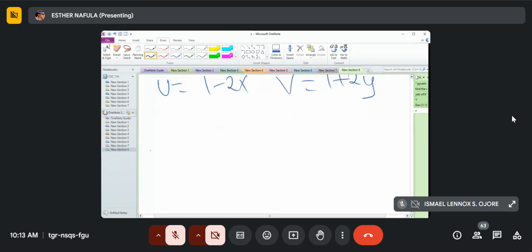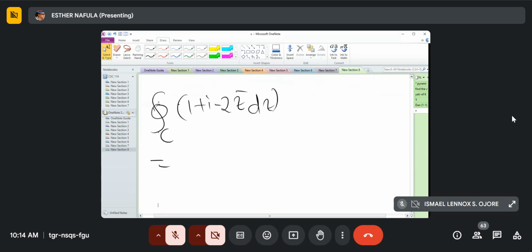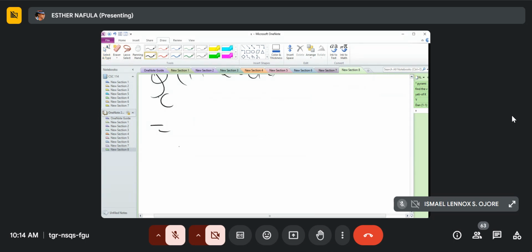If we apply the formula for evaluating contour integrals, 1 plus i minus 2z bar dz, the formula is u dx minus v dy.